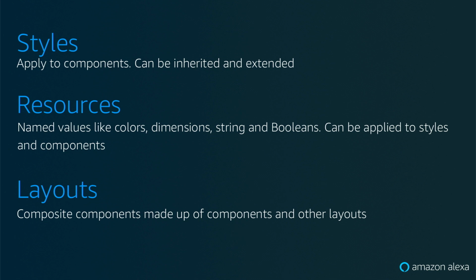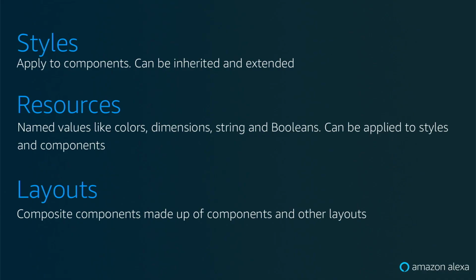So styles, if you're familiar with front-end programming, it's pretty similar to CSS. It's essentially something that you can apply to various components, and they can be inherited and extended. They can also be set against a condition. So what this means is you can specify a font size, font weight, color, background color, whatever you may have, and define it as a style, and then have a style attribute associated to the component, and that component will inherit that style.